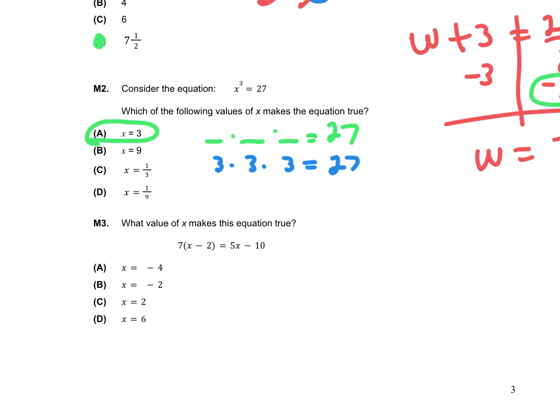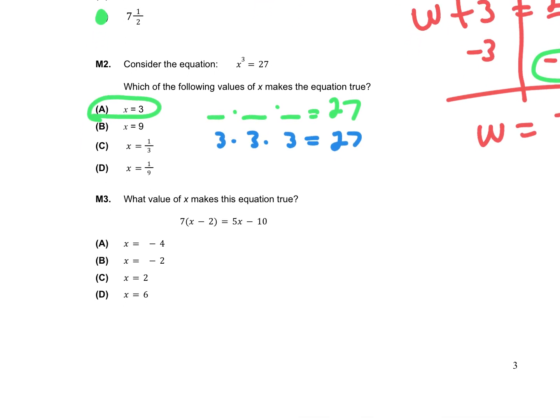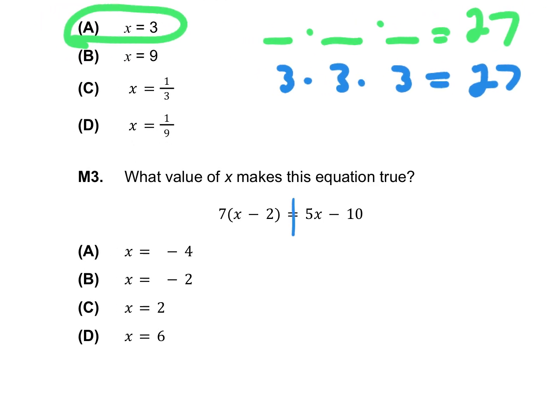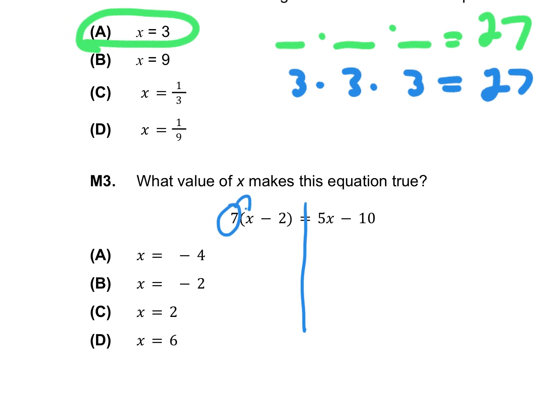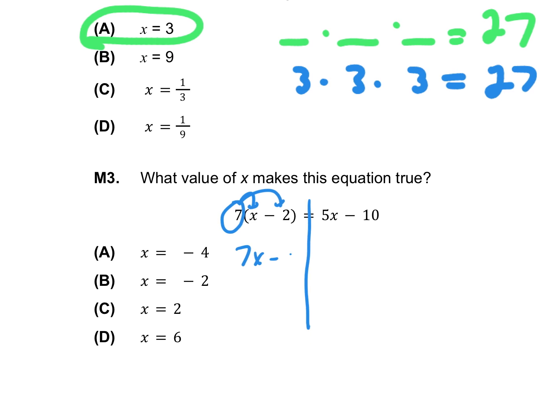What is the value of x in this equation? All right, so you want to solve an equation. You want to draw a line, distribute, then combine like terms.